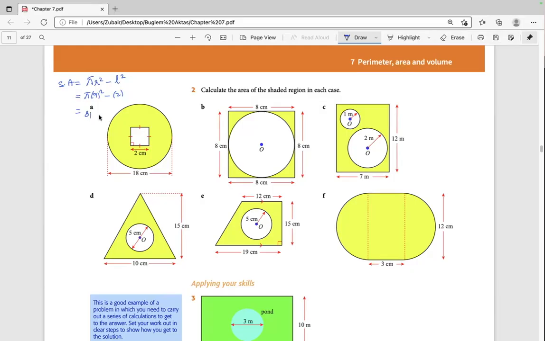So that is 81 pi minus 4. Again, it would depend on the demand of the question. In this case, I'm writing them as decimals. 81 pi minus 4 gives me 250.46. So 250 up to 3 significant figures, centimeter square. Try B part.